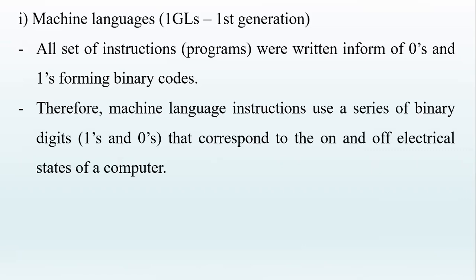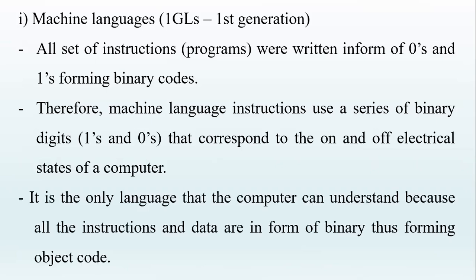Therefore, machine language instructions use a series of binary digits, ones and zeros, that correspond to the on and off electrical states of a computer. It is the only language that the computer can understand directly because all the instructions and data are in the form of binary, therefore forming object code.